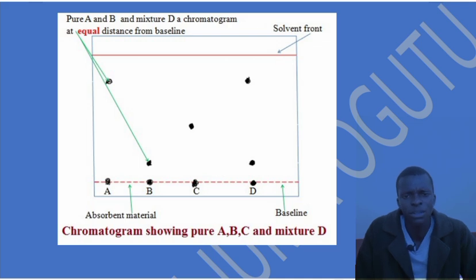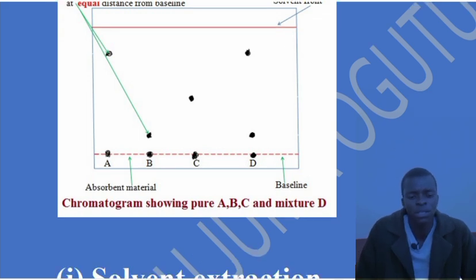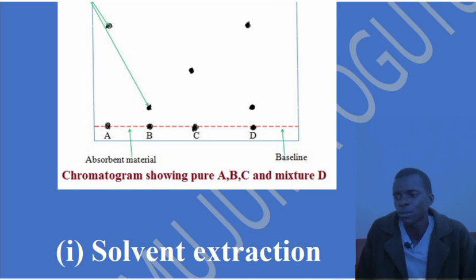So we are saying that solvent extraction is a method of separating oil from nuts or seeds. Most nuts contain oil. First the nuts are crushed to reduce their size and increase the surface area. A suitable volatile solvent is added to the crushed nuts or the seeds, and the mixture is filtered.